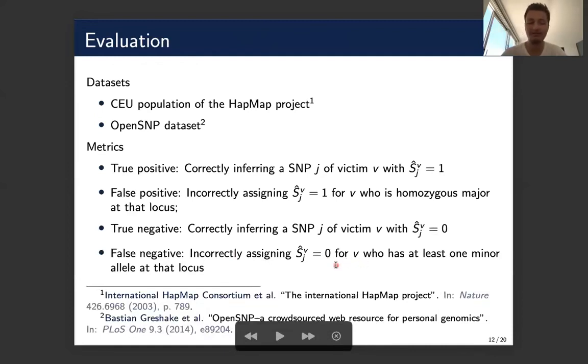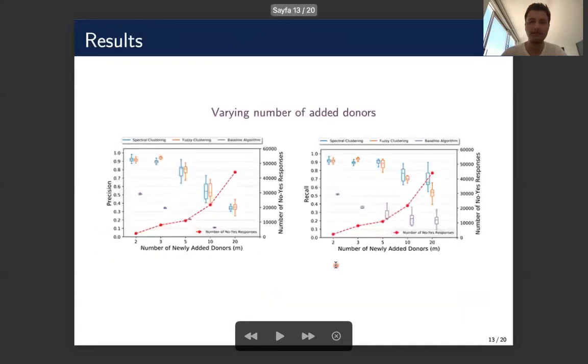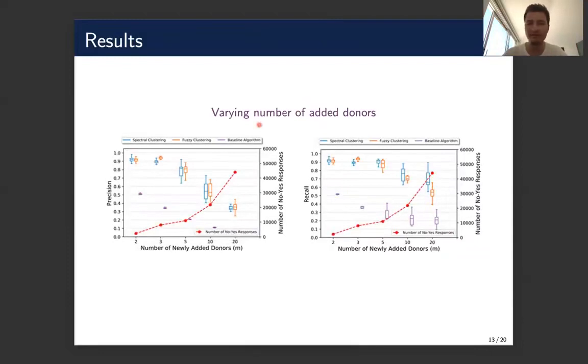And let's move on to our results for the genome reconstruction part. In the first experiment, we changed the number of related donors and used a fixed beacon size. Here in the x-axis, we have the number of related donors, and in the y-axis, we have precision and recall values. As you can see, as the number of related donors increases, the number of noise responses naturally increases.